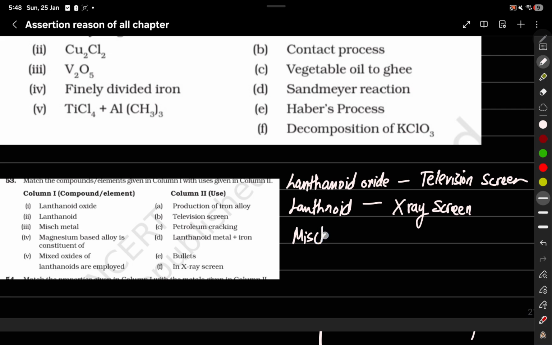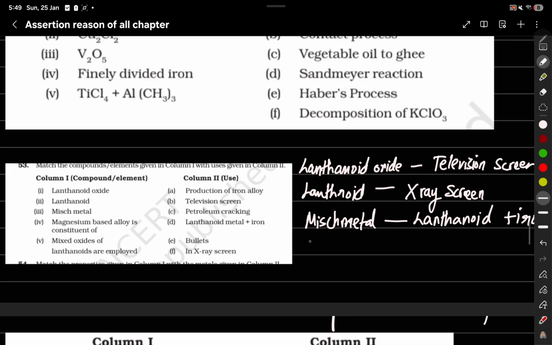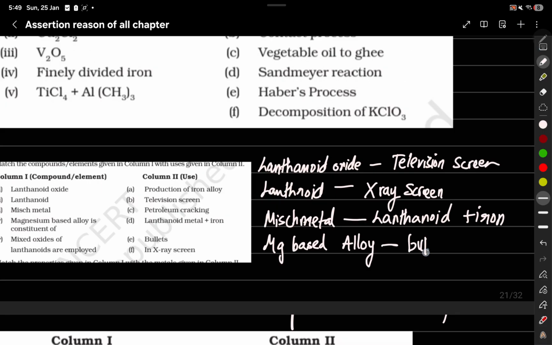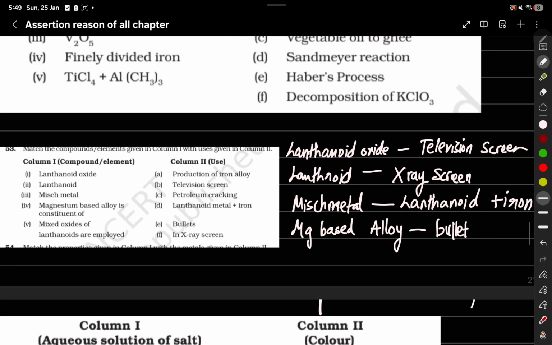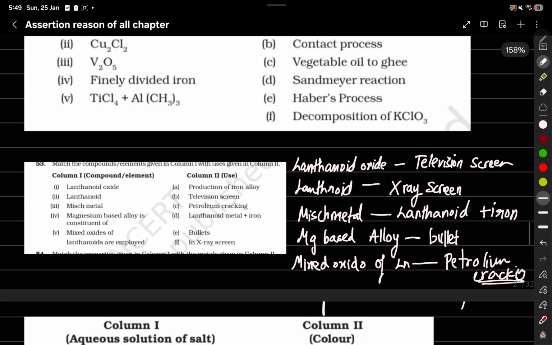Mish metal, lanthanoid metal plus iron. Okay, magnesium-based alloy is bullet. Mixed oxide of Ln is used for petroleum cracking. That's why NCERT exemplar is the best book I've seen for your JEE Mains.